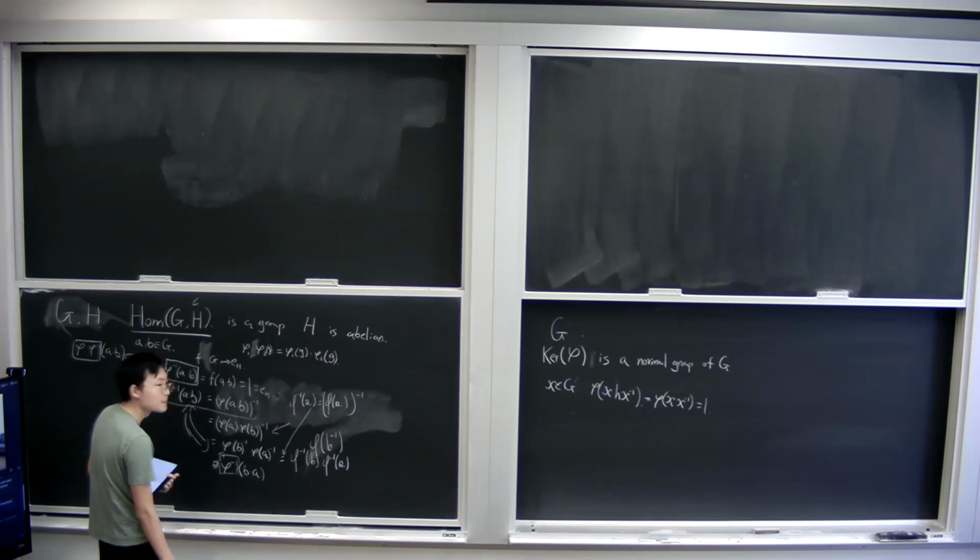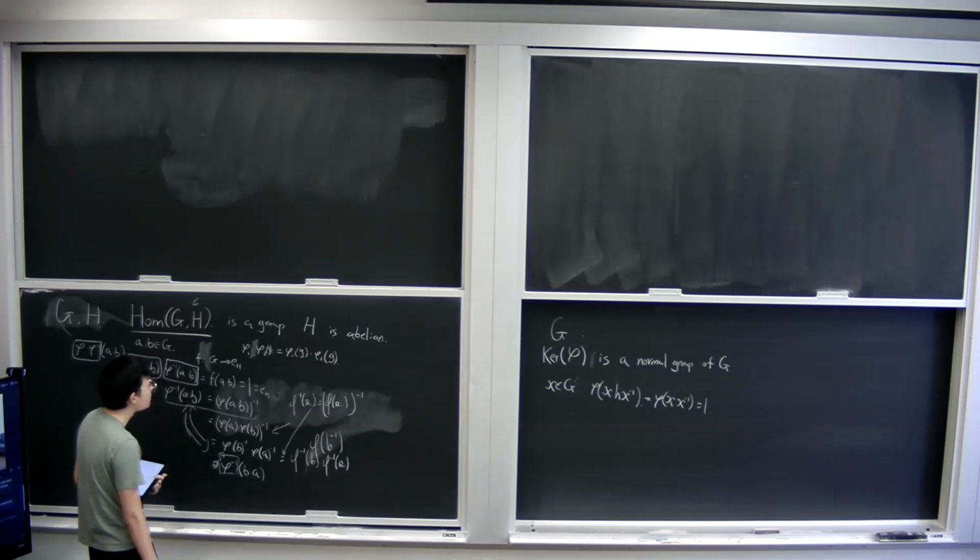But there could be homomorphisms that do that, right? Even if H is not abelian. So proving that C of AB has to equal C of BA does not imply that H is abelian, because we don't know that all the elements of H are hit as the image of the homomorphism. Oh, okay. I see.